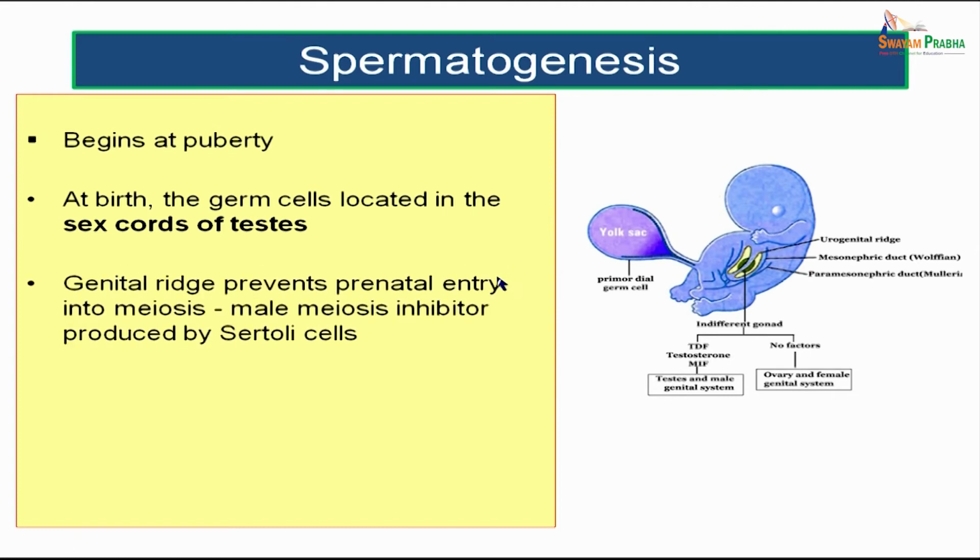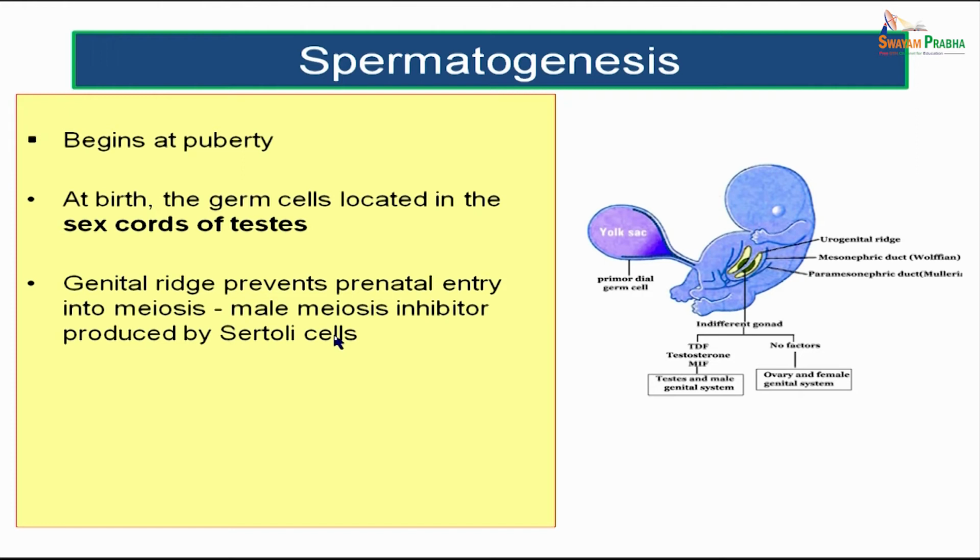The genital ridges prevent the prenatal entry into meiosis. There is an inhibiting factor here secreted by the Sertoli cells of the testes, known as male meiosis inhibitor. This male meiosis inhibitor prevents the germ cells from entering into meiosis.